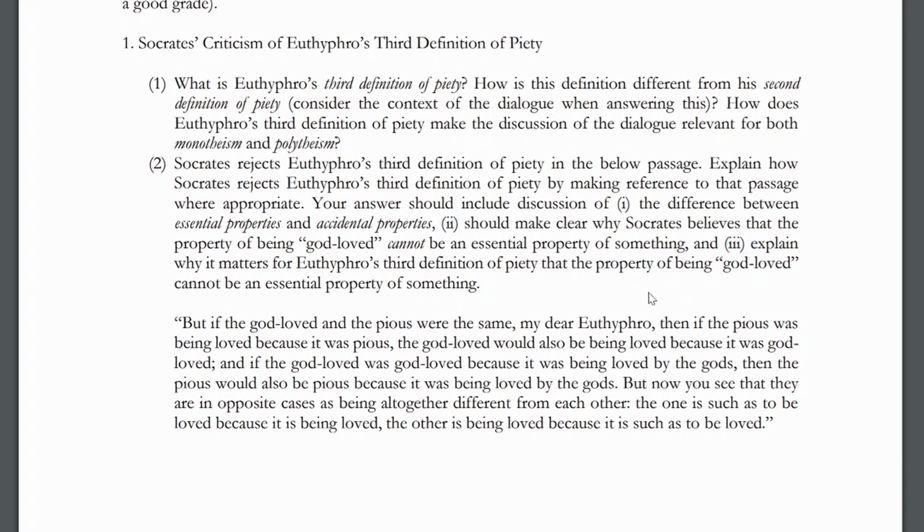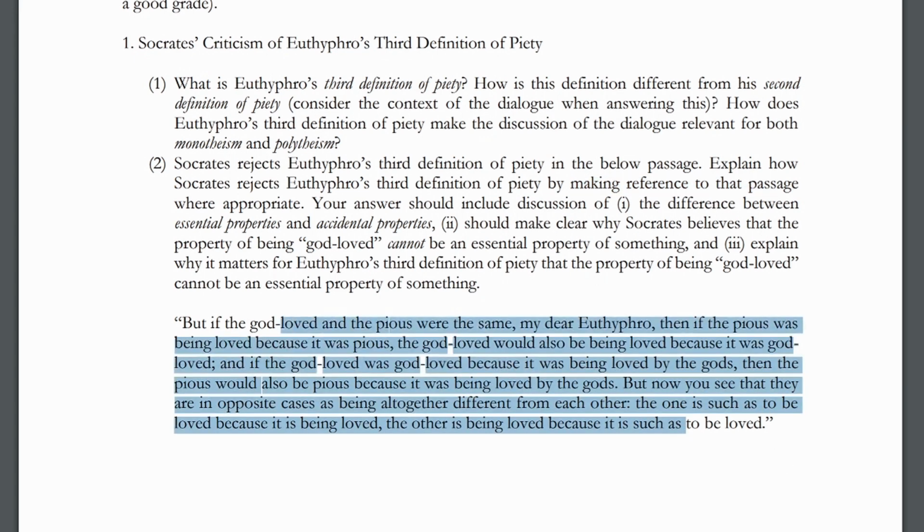So what does that mean? You'll want to make sure you address point 1, what's the difference between essential and accidental properties, point 2, and point 3, explicitly and in detail. And because the question said you should make reference to this passage below, you'll also want to reference this passage in your answer and demonstrate your understanding.